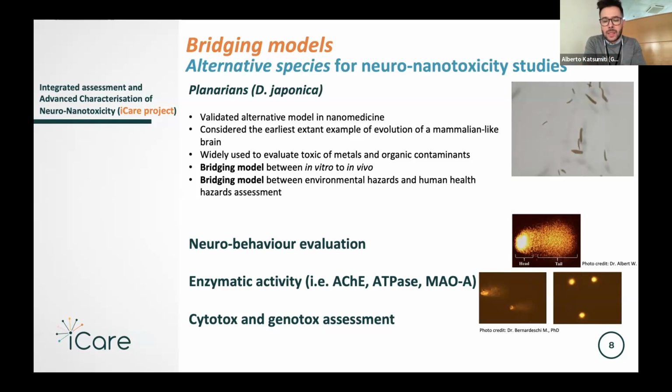Also enzymatic activities, for example acetylcholinesterase, ATPase, and MAO-A, and also effects related with cytotoxicity and genotoxicity, based, for example, on the COMET assay.